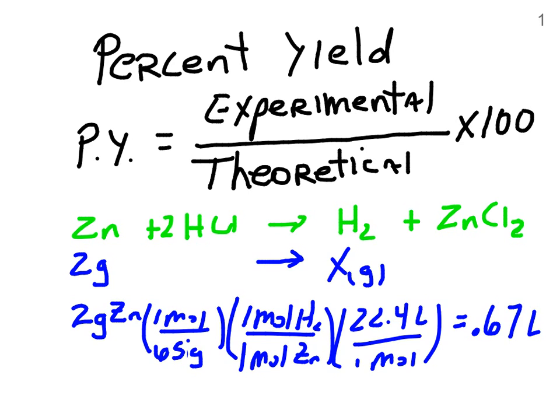Now, say I actually did the experiment. I sat there and collected this gas. Actually, it's probably a lab that you're going to do. I collected it, and I found out that the amount that I experimentally collected was 0.5 liters. Well, there's a difference. The theoretical is if everything worked perfectly, if every single zinc found every single hydrochloric acid that it needed, and I didn't lose anything. This 0.5 liters, though, was the experimental amount that I collected. So the percent yield for this experiment is going to be pretty simple.